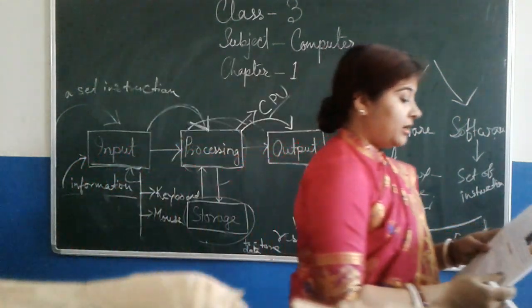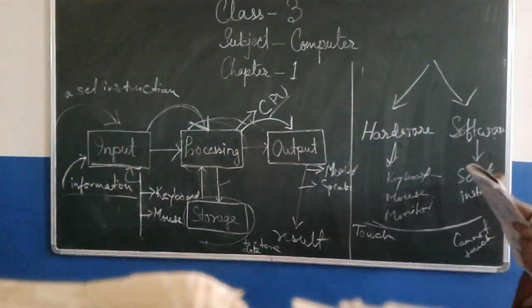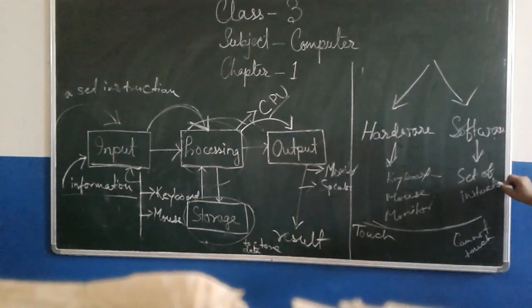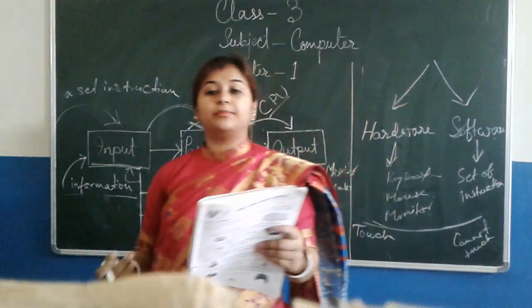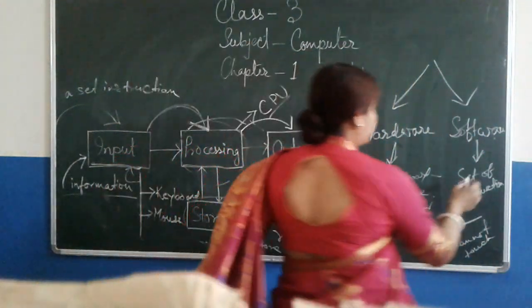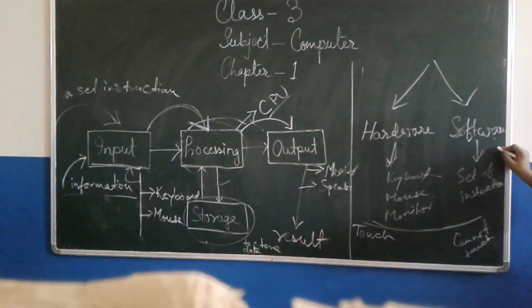Turn the page. What is software? Software is a set of instructions or programs on which a computer works. We can call it programs.